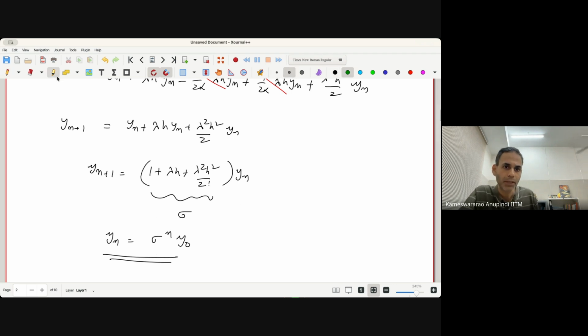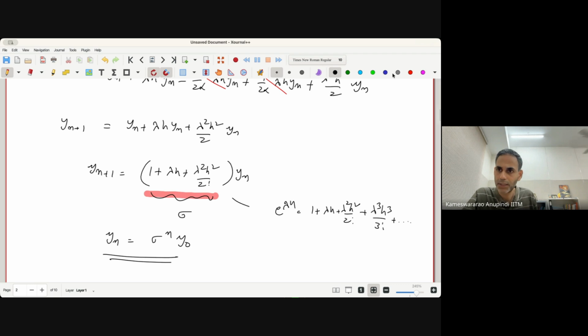Now, observe this quantity, 1 plus lambda h plus lambda square h square by 2, and compare it with the exact solution. The exact solution was e to the power lambda h, and we said e to the power lambda h is 1 plus lambda h plus lambda square h square by 2 factorial plus lambda cube h cube by 3 factorial and so on.